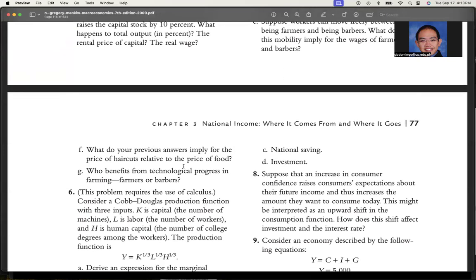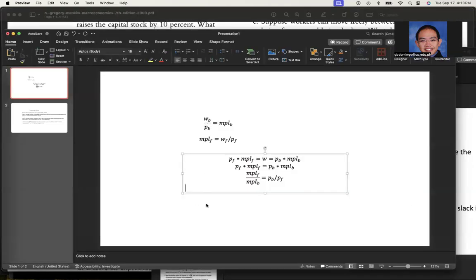So who benefits from technological progress in farming, farmers or barbers? Okay. What we've shown here is that the real wage of farmers has gone up because the productivity of farmers has gone up for sure, right?